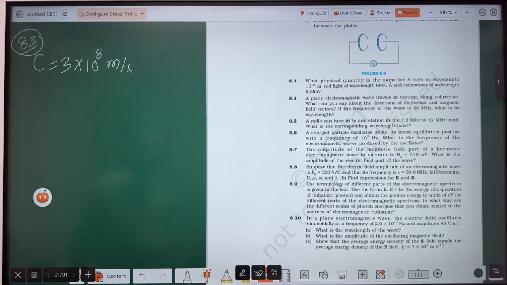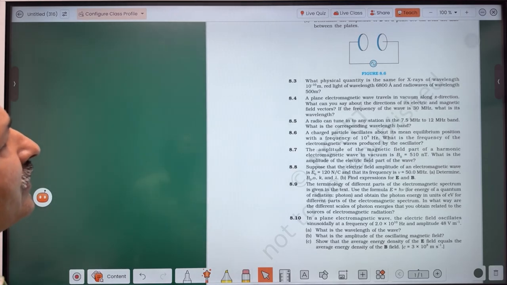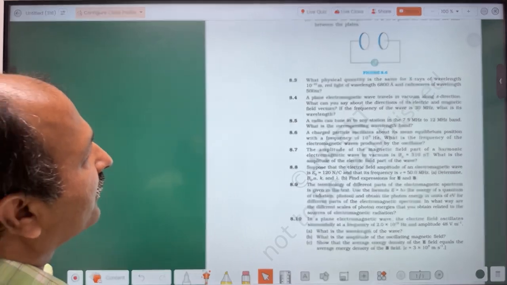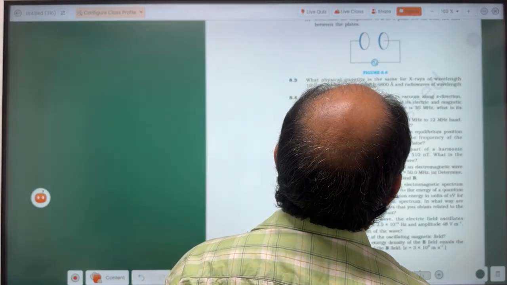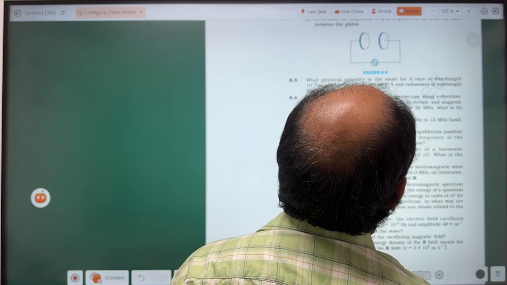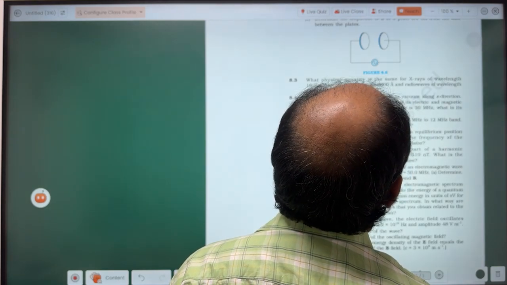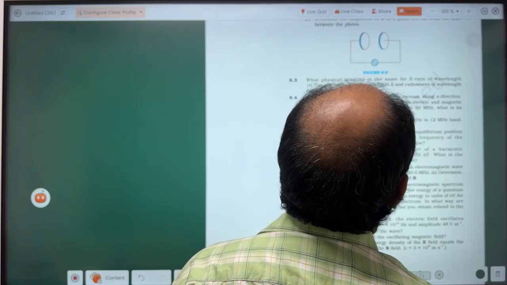Now let's see the next question. A plane electromagnetic wave travels in vacuum along z direction. What can you say about the direction of the electric and magnetic field vectors if the frequency of the wave is 30 million hertz?